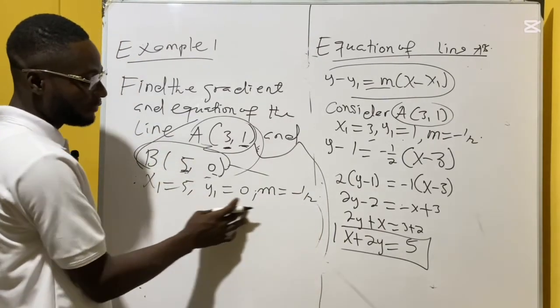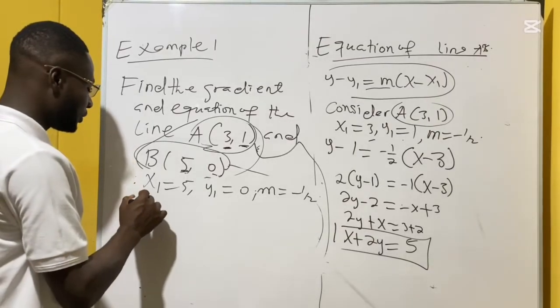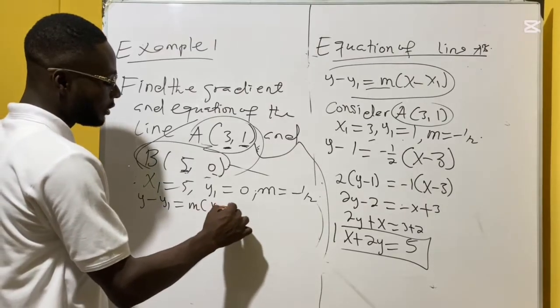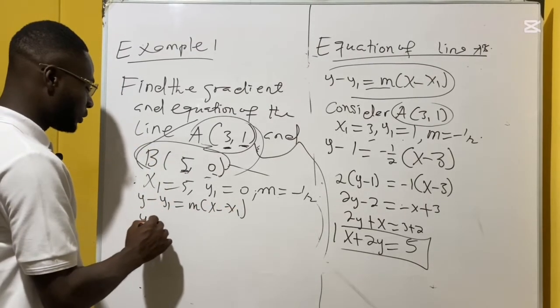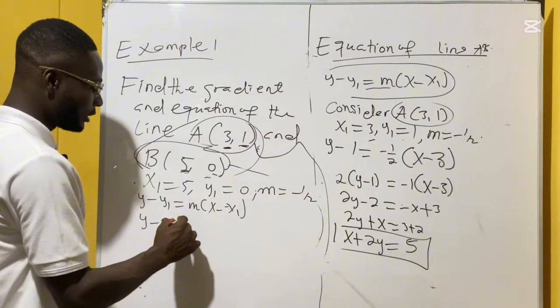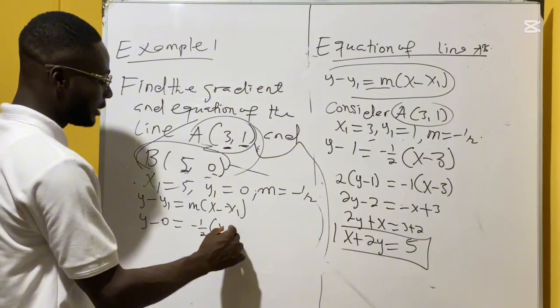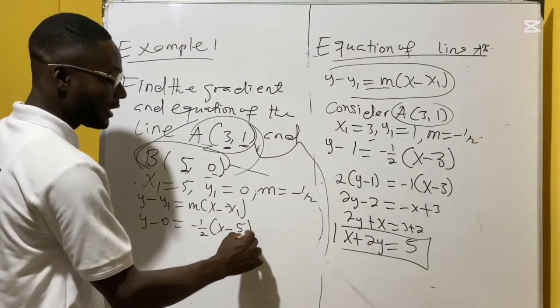So once we have this information, what we do is that we substitute into the equation of a line formula here, and we have this. So y minus y1, which is 0, equals minus half into x minus x1, which is 5, right?